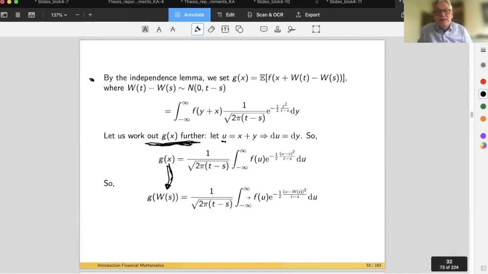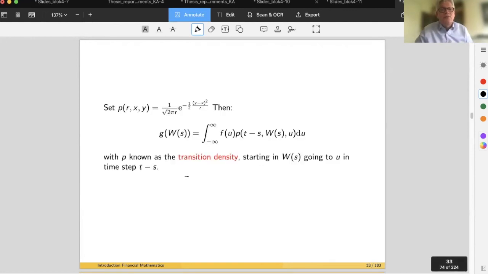This second part, together with this, we recognize as a transition probability density. We call it p, and we give it arguments r, x, and y. That is in fact 1 over the square root of 2 pi r, e to the power minus 1/2 (y minus x) squared over r.